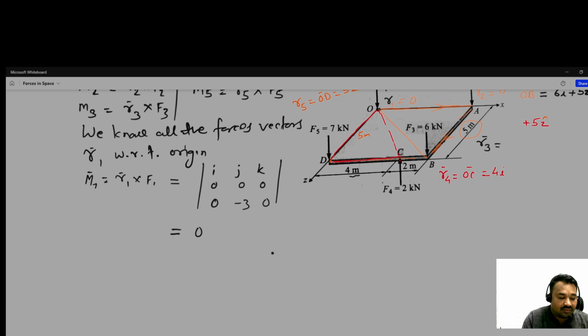In this way M1 is equal to 0. Similarly, M2 we get minus 30k, M3 we get 30i minus 36k, and M4 we get minus 10i plus 8k.